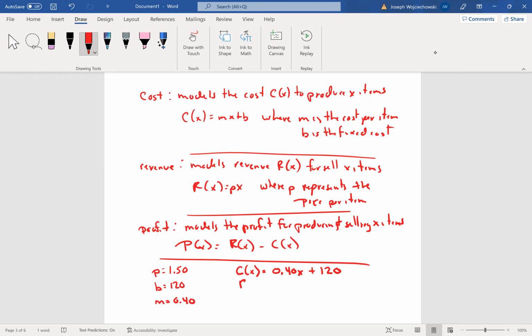So our revenue is P times X, which is $1.50 times X. And then write the profit function.